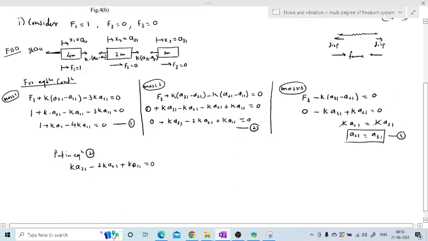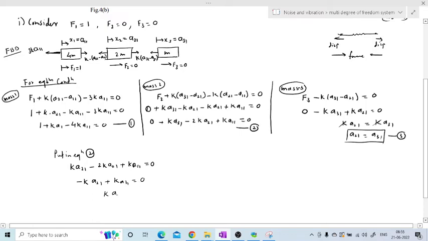Now combine: plus KA21 minus 2KA21 means minus 2K plus 1K means minus 1K. So minus KA21 plus KA11 equal to 0.